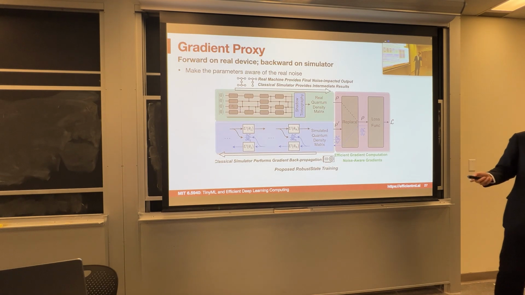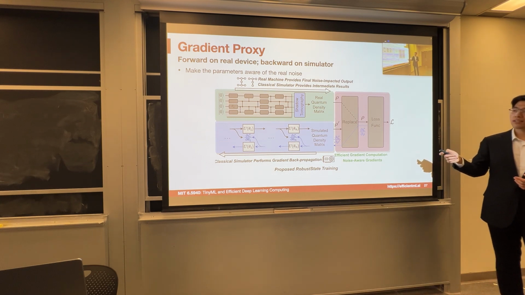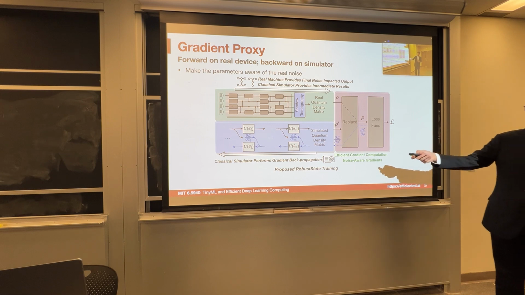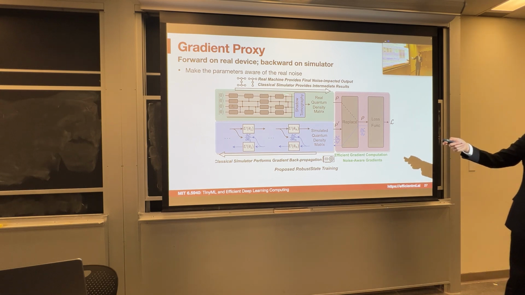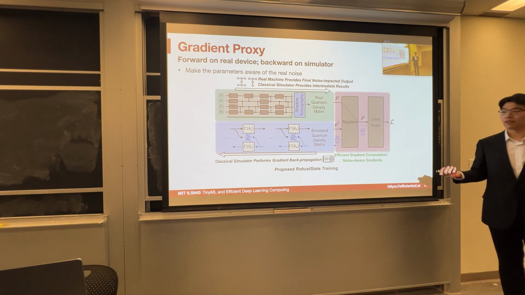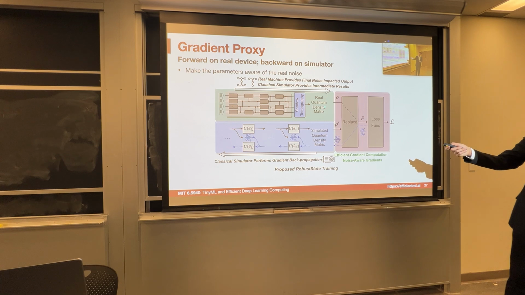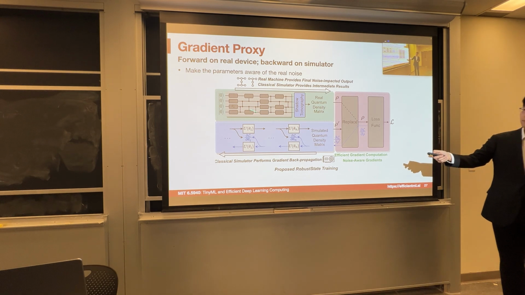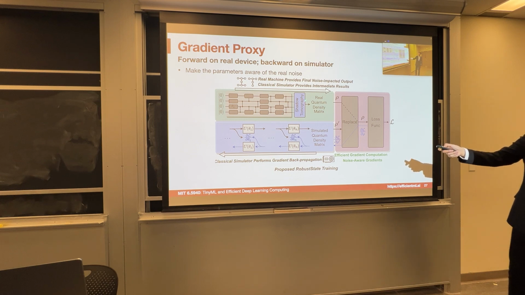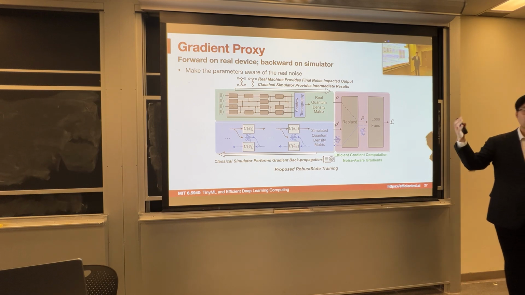So let's first have a look at the gradient proxy. Say we are running this circuit on the real device, and the circuit will be impacted by the real noise, right? Then we obtain the result from this device execution, for example the real quantum density matrix from the circuit.